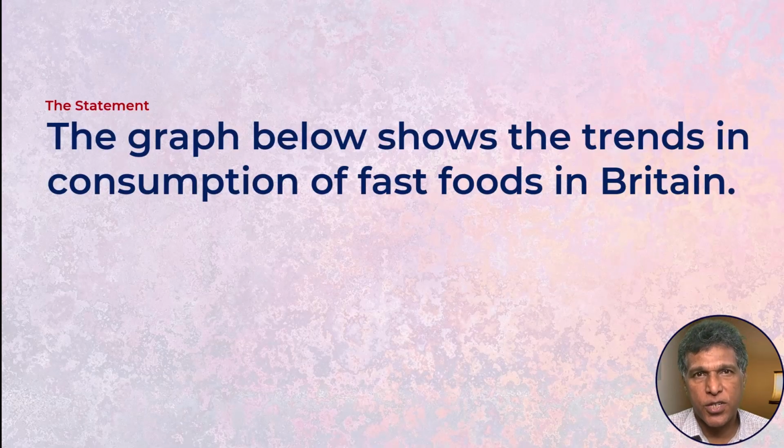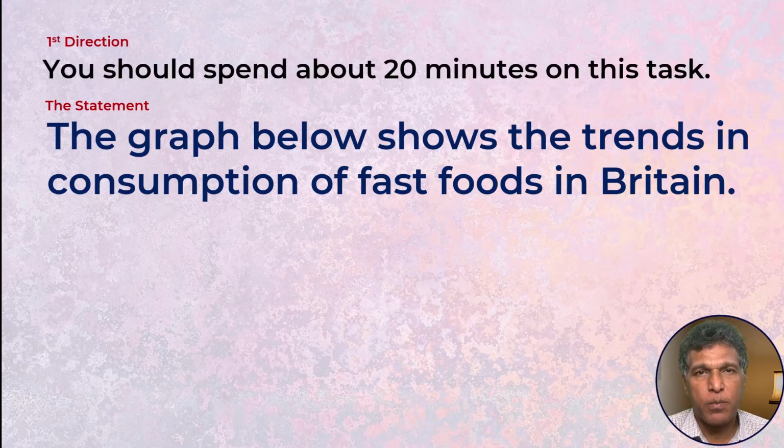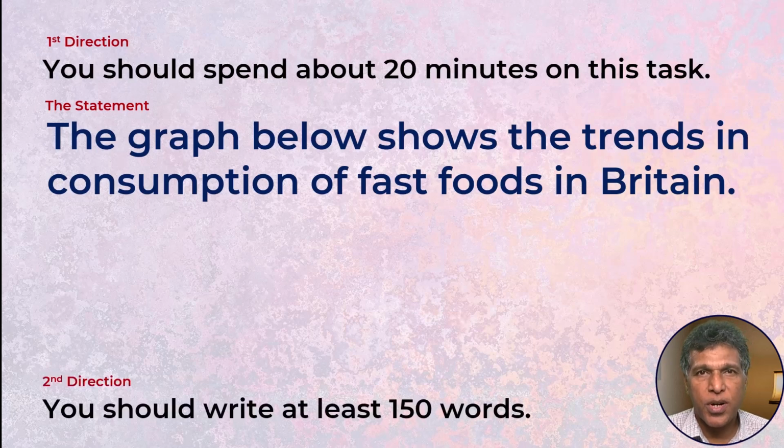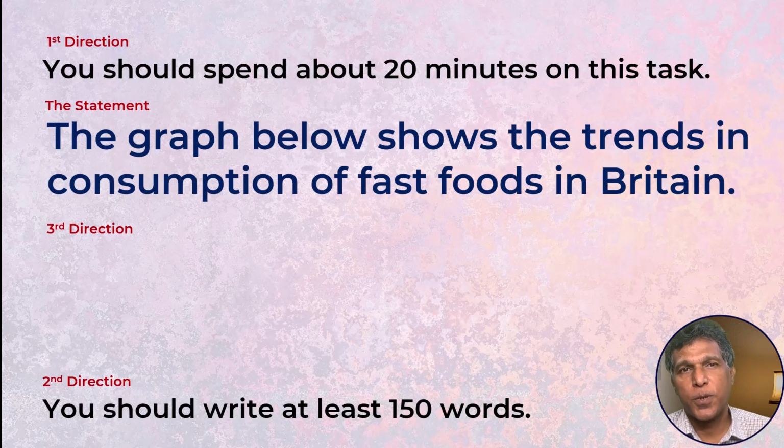The first direction says you should spend about 20 minutes on the task. The second direction says you should write at least 150 words. This means that in 20 minutes you write 150 words. The third direction is very important because it tells you how to write the IELTS report.